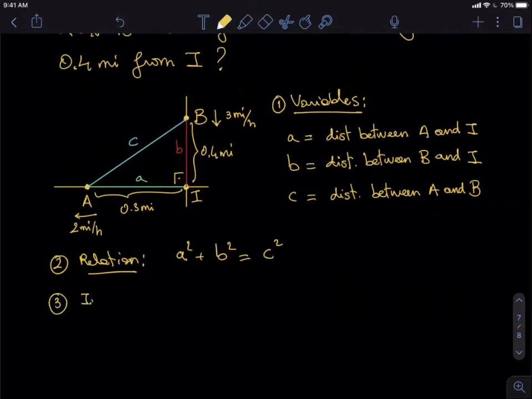Then the third step is the implicit differentiation. Remember, imagine you are seeing this from above, and you see Alex and Betty moving. The variables a and b and the variable c that we are seeing are functions of t. So we can differentiate with respect to t both sides.